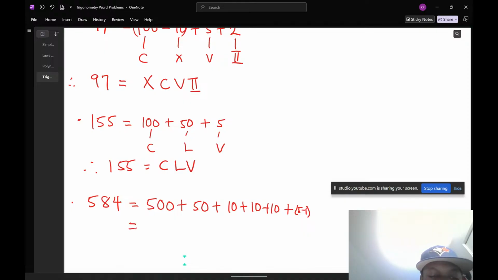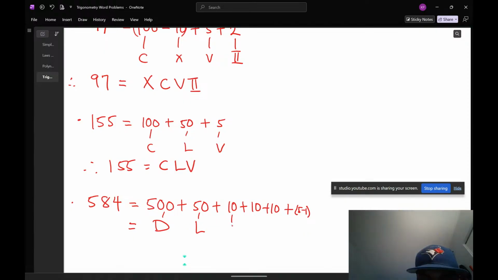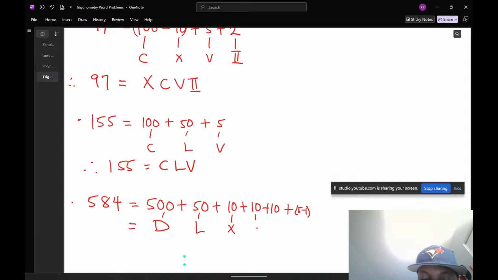So we know that the Roman numeral for 500 is D. Okay. And we know that the Roman numeral for 50 is L. The Roman numeral for 10 is X. The Roman numeral for 10 is X. This one is X. Okay. So we have 5 minus 1. So that is 4.